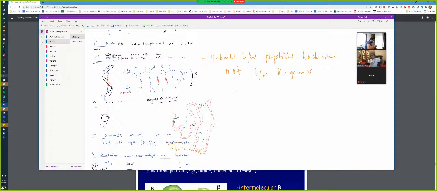Okay. And then the alpha helices and the beta pleated sheet are examples? Yeah.